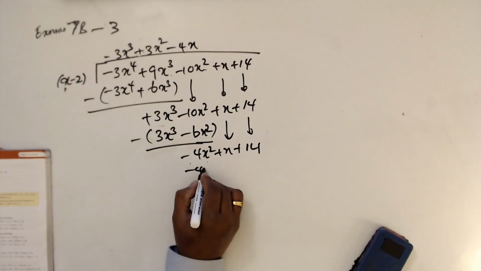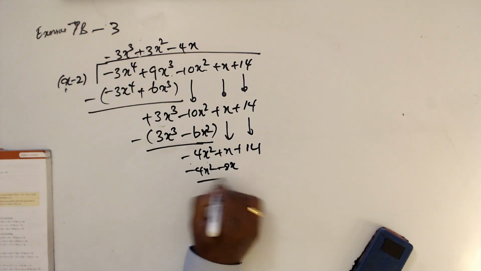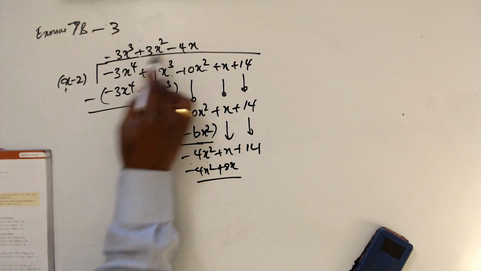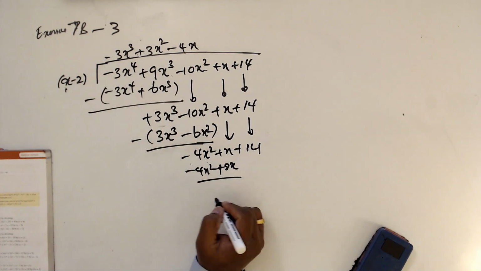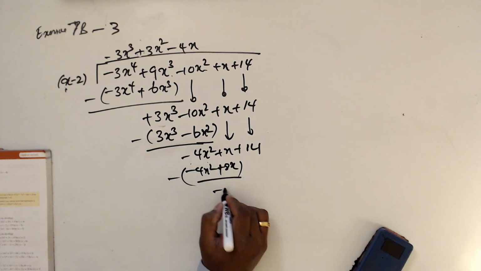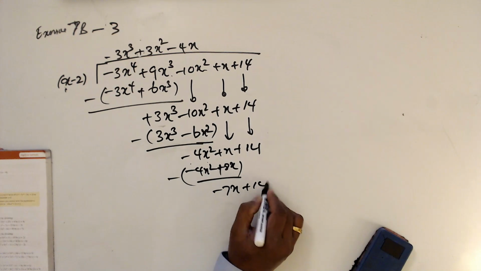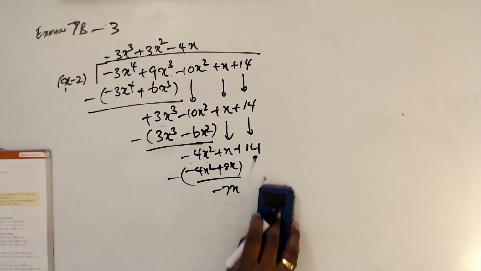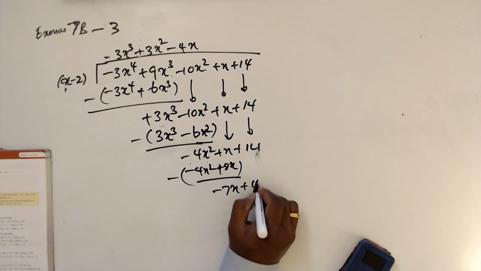Then minus 4x times 2 is minus 8x. Sorry, plus 8x. 4 times 2, 8x, minus times minus is plus. Then minus this one. When you minus, you will get minus 7x plus 14. Minus 7x when you minus. Then bring plus 14 down.